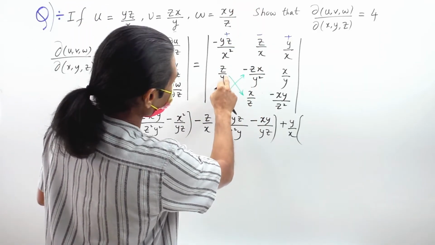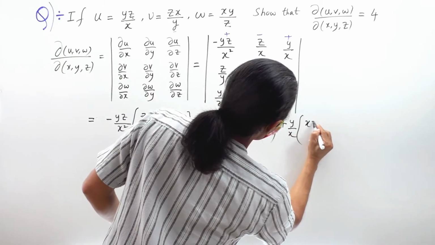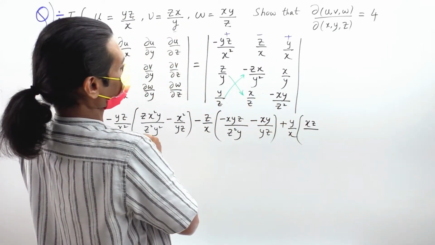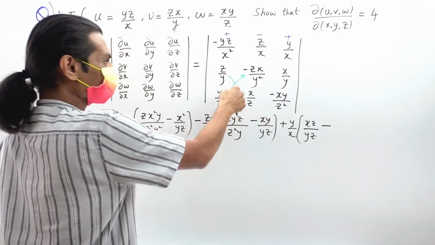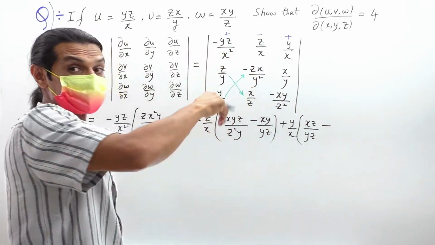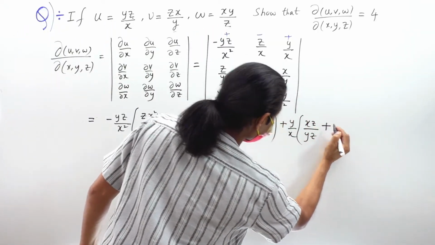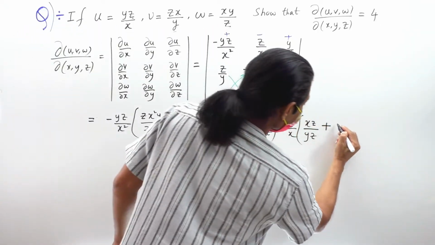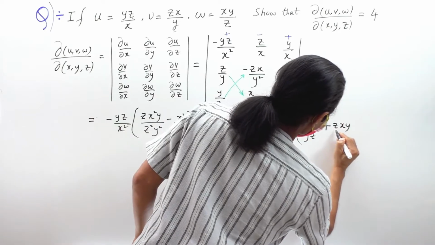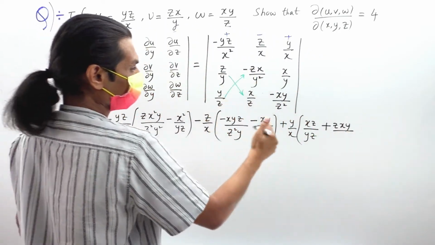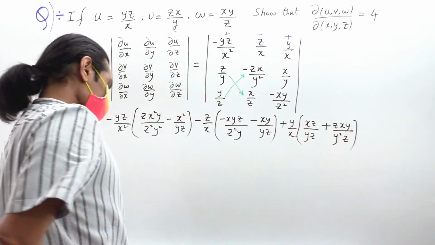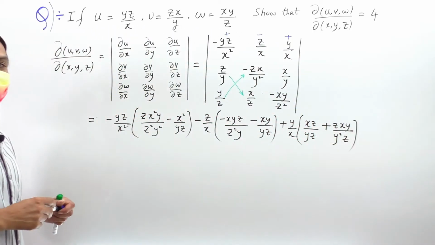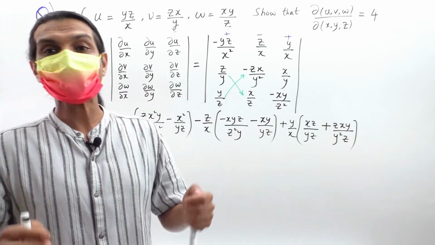So x into z is xz divided by yz minus this. See, minus sign is here. So minus to minus becomes plus zxy divided by y square z. Okay, done. Now we need to simplify and get the result here.